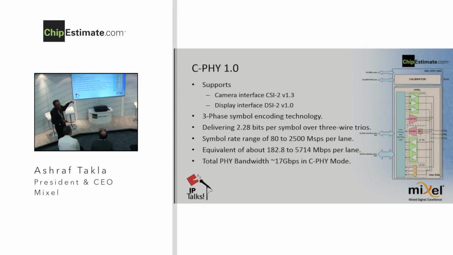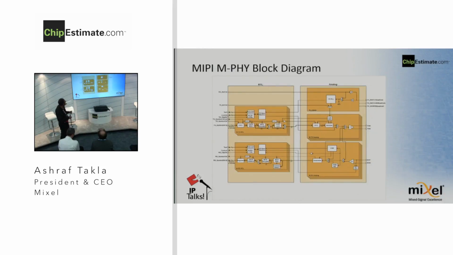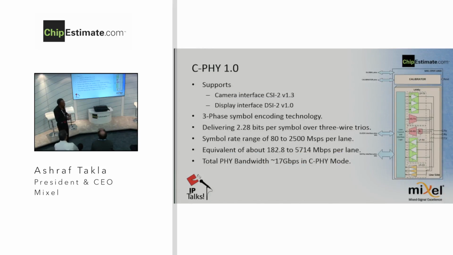This is seeing quite a bit of adoption on the sensor side. So we have multiple customers that have already licensed this IP in multiple nodes targeting the sensor application.